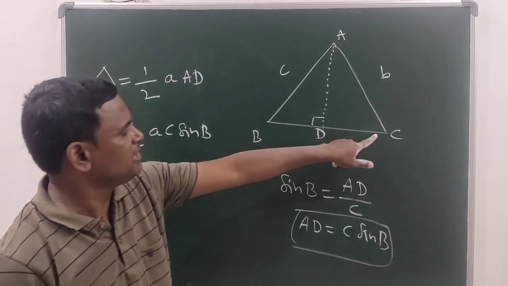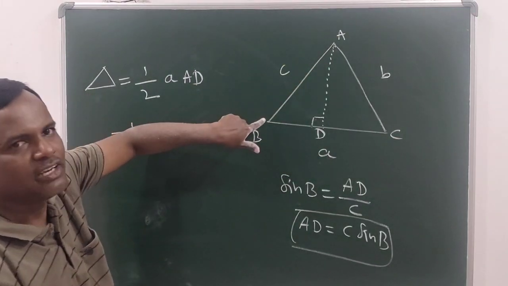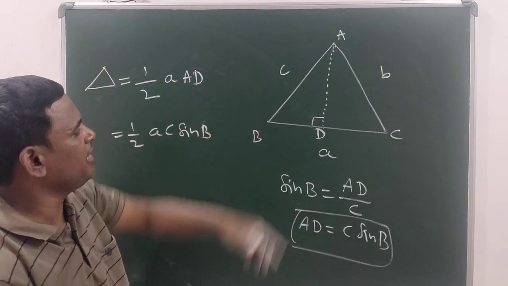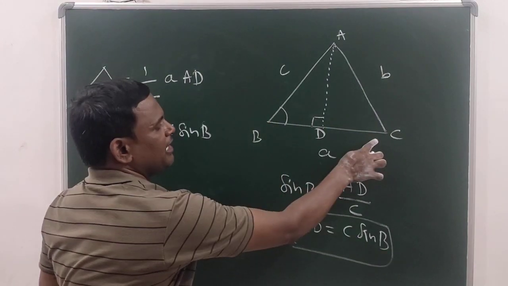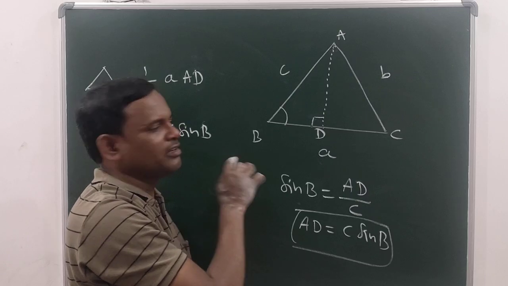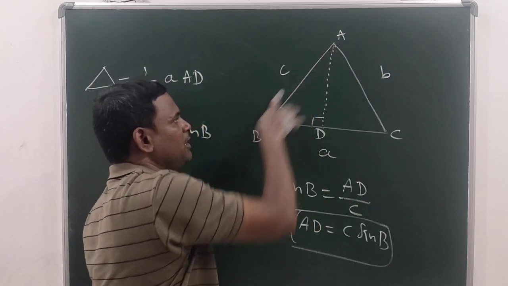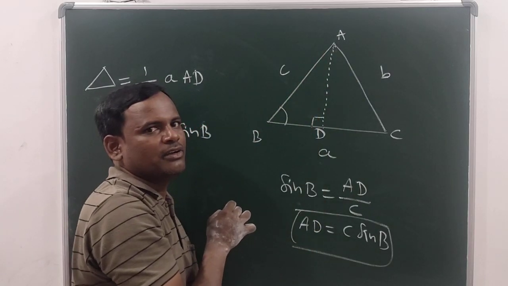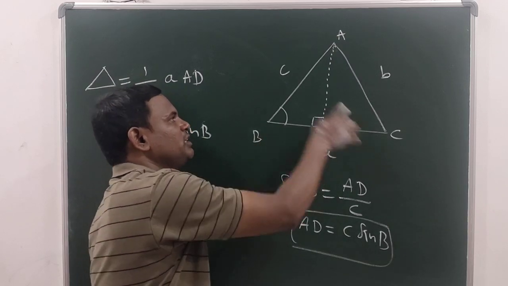Here this is a, this is c, and the included angle of the a side and c side, that is BC side and AB side. A represents the length of BC, c represents the length of AB. So what is the included angle of these two sides?